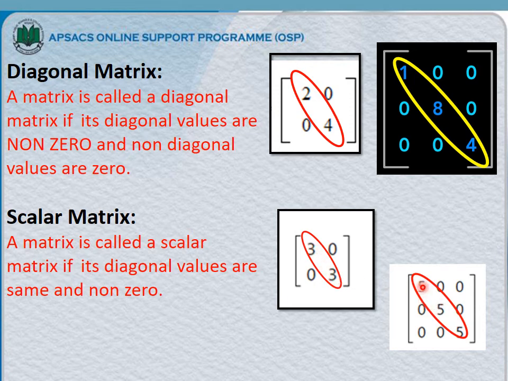In this example, diagonal entries are the same, and what is the value? The value is 5. So this is the difference between a diagonal matrix and a scalar matrix. Any matrix can be a diagonal matrix, but if the entries are the same, this diagonal matrix would become a scalar matrix.